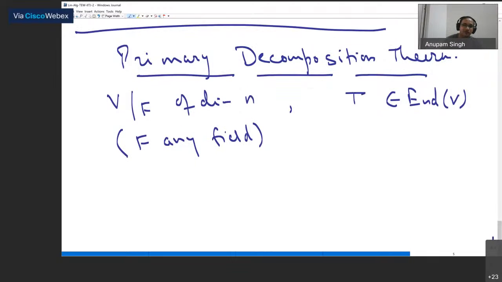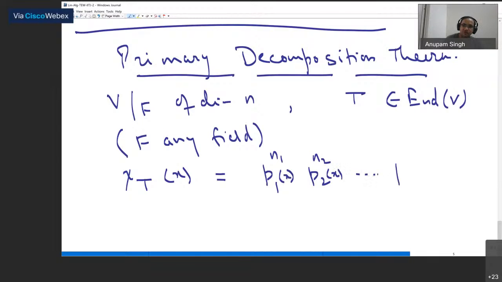So suppose I have the characteristic polynomial of T, which I write as chi_T(x). This is a polynomial, so I write it as a product of irreducible polynomials. So let's say P1(x) to the power n1, P2(x) to the power n2, and so on, Pr(x) to the power nr. And then the minimal polynomial will involve the same irreducible polynomials.